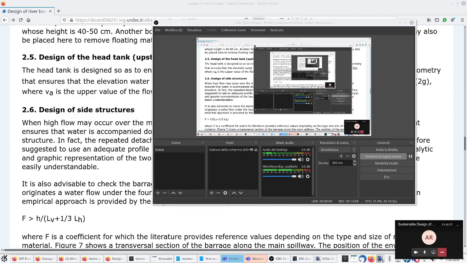We estimated Ws, which is okay, and then we fixed H, which may be about 50 centimeters. H is the depth. And then we can compute T. T is the time needed by a particle that is located over the water surface to reach the bottom.